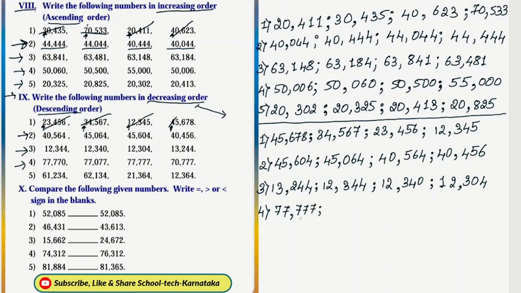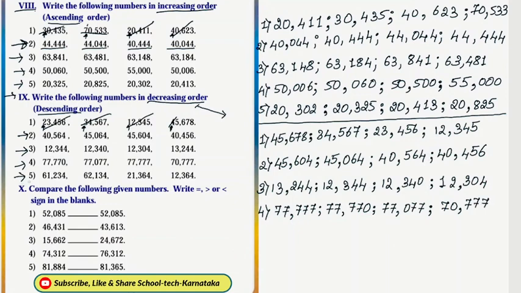Then the next smallest we have 77,770. Next smallest that we have here is 77,077, and the smallest that we have here is 70,777.